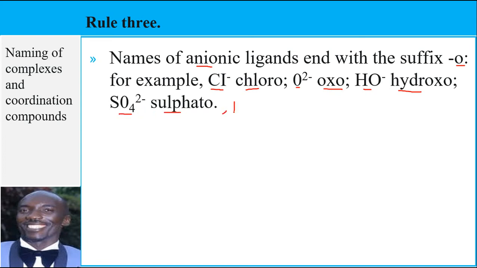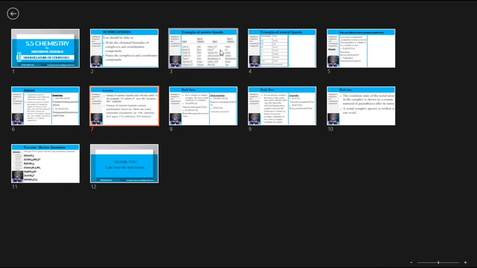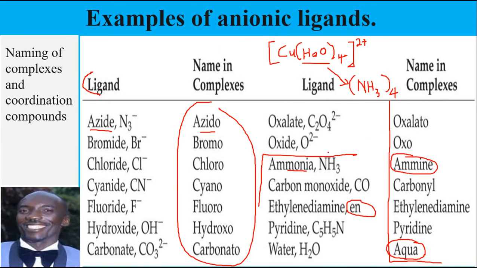If it was maybe a bromide, this one will turn to a bromo. So maybe we can go back and check. Let's go back and check. There's where we had examples. In this example, we are having anionic ligands, the ones with negative charges. All of them have negative charges, and you can see all of them end with O whenever they are used in a complex.